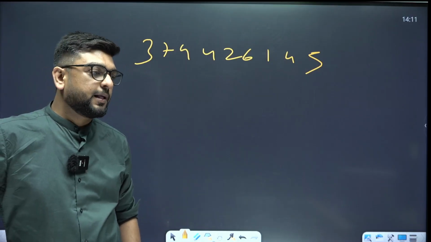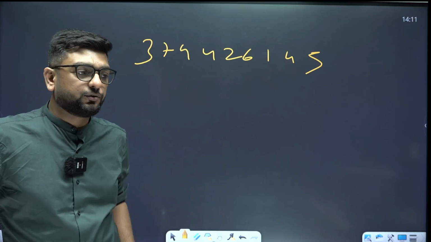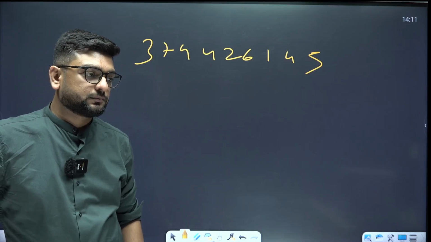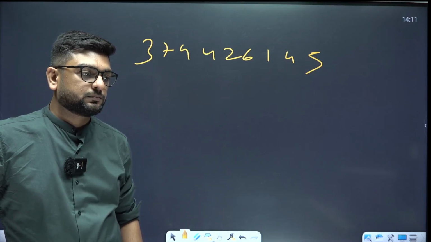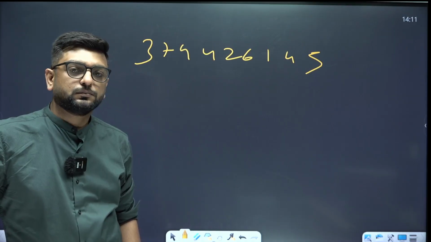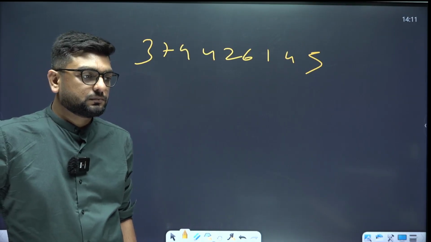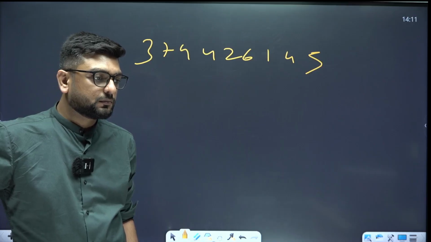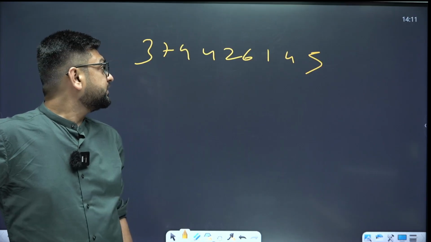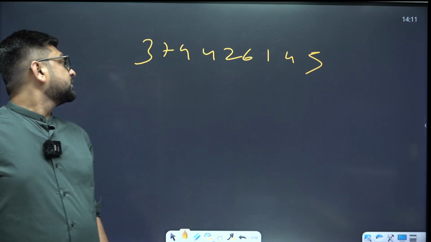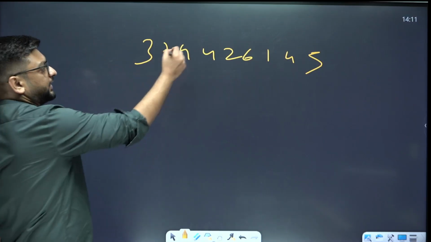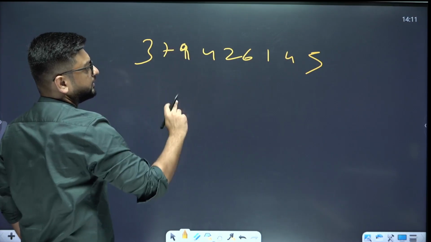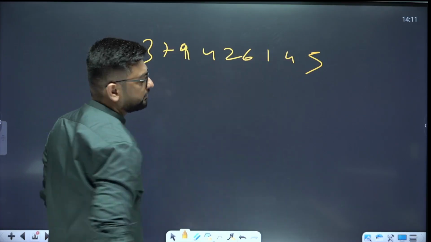Good. तो इसमें बताइए फटाफट. Do this one. Madhupriya said 11 by 2. Let's check it out. This is 9. All right. This is 9, 4, 2, 6, 1, 4, 5. Okay?